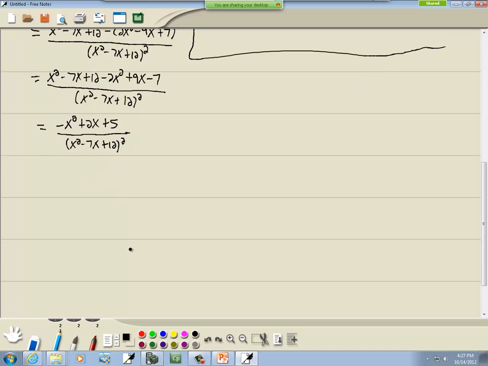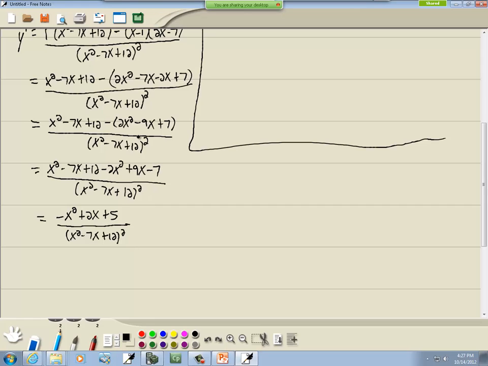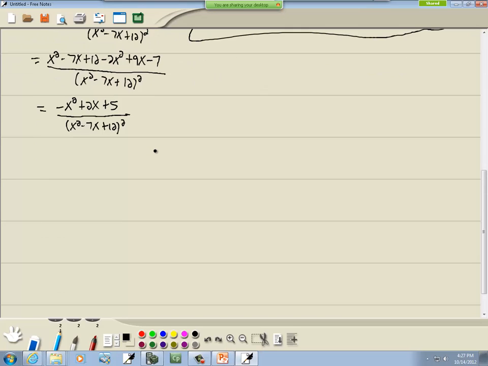And that's our first derivative. Let me double check here, make sure I didn't make an error of some sort. Okay, I'm double checking myself as I go along, but it's so easy to add something wrong or subtract something wrong in these.